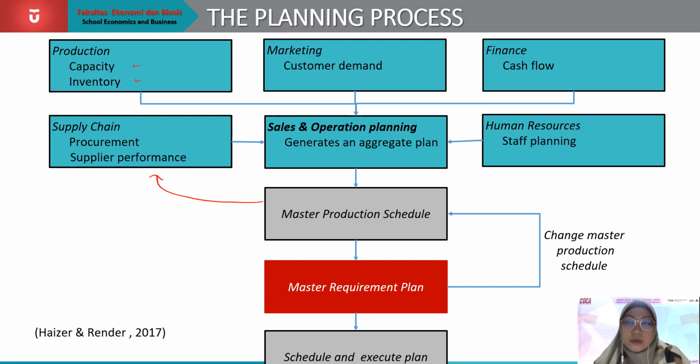And then for human resources, you also need information about staff planning. If you need another employee, then you need to discuss it with human resources. So this is the planning process.